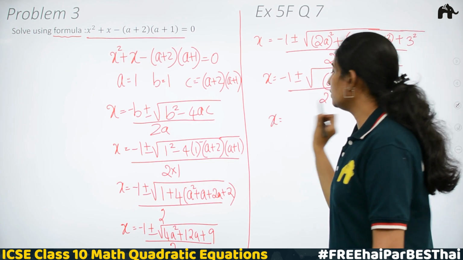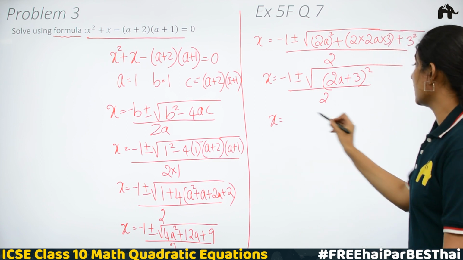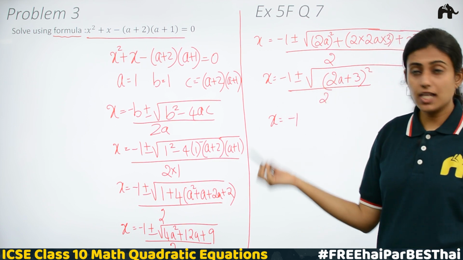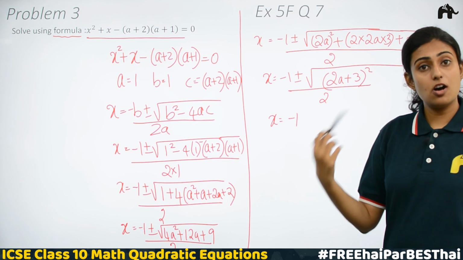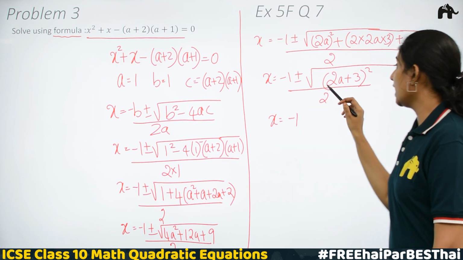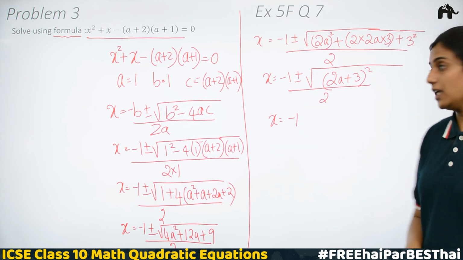x is equal to, what is x? Minus 1 plus this thing, or minus 1 minus this thing, whole divided by 2.